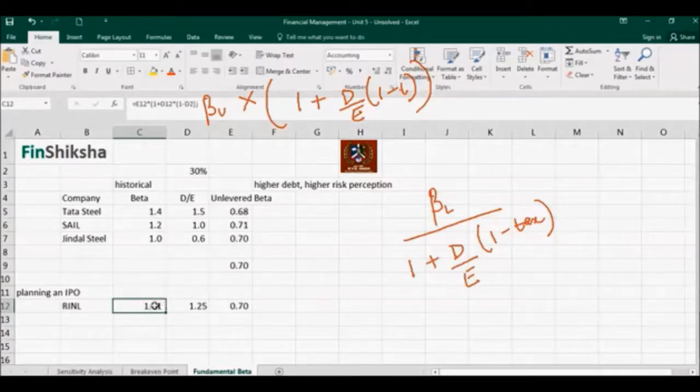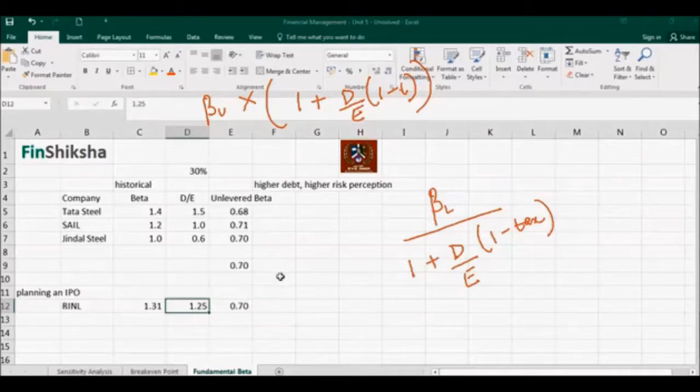Now, that's the actual correct fundamental beta that we have calculated. That's not 1.2, that's 1.31 because the debt equity is higher. And if you think about it, the debt equity of SAIL is 1 and that of Tata Steel is 1.5. This one is right in the middle approximately, right? The beta of SAIL is 1.2, Tata Steel is 1.4, so this one is almost again approximately right in the middle.